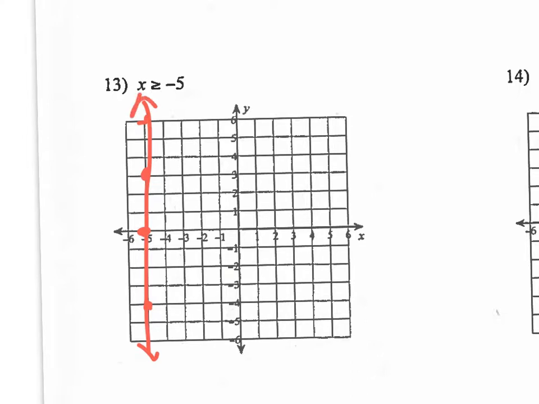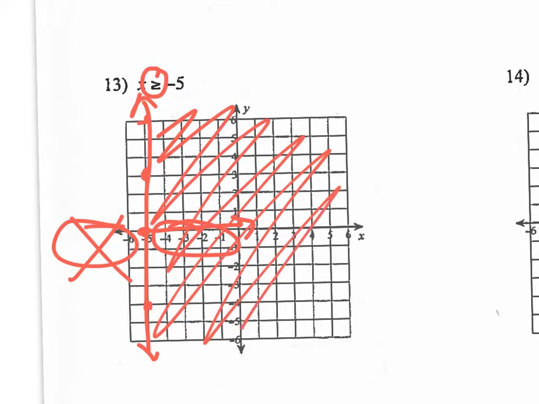And then I want to shade all of the values that are greater than or equal to -5. So all the values that are greater than -5 are going to be this way. If you think about the number line, all of these numbers are bigger than -5, whereas all the ones over here are going to be smaller. I don't want those. I want these. So I shade that.